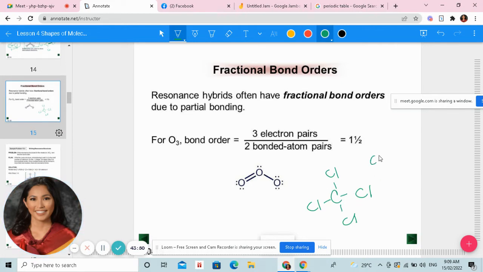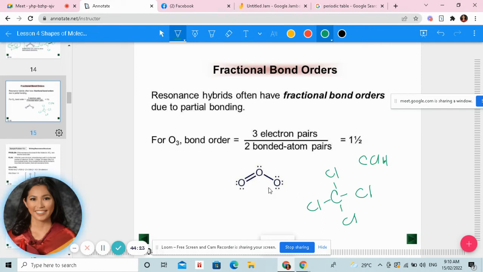Earlier, if we have a single bond, the bond order is 1. If we have a double bond, the bond order is 2. The bond order here is 4 because there are 4 single bonds.